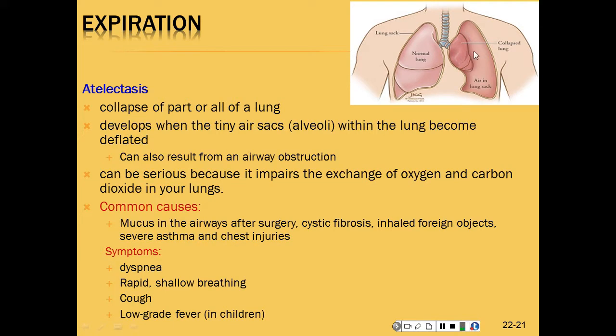Okay, so you see right here the collapsed lung, and it develops when the tiny air sacs, alveoli, within the lung become deflated. It can also result from air obstruction as blood absorbs air from alveoli distal to the obstruction. It can be serious because it impairs the exchange of CO2 and O2 in the lungs.